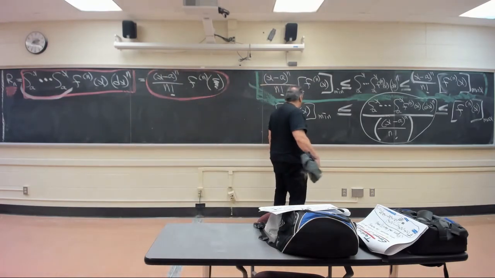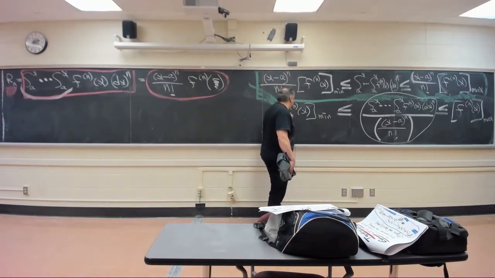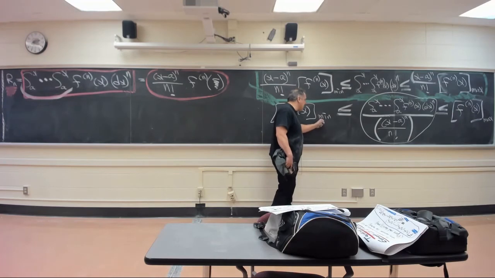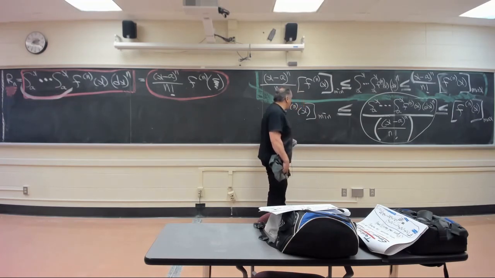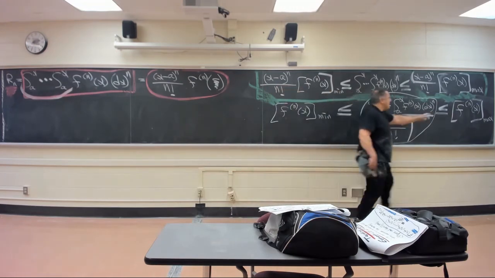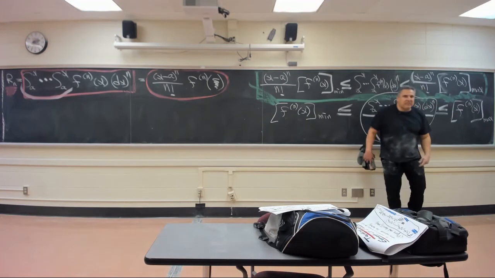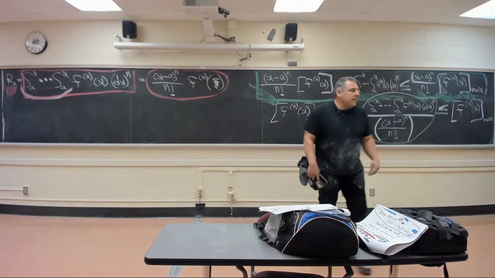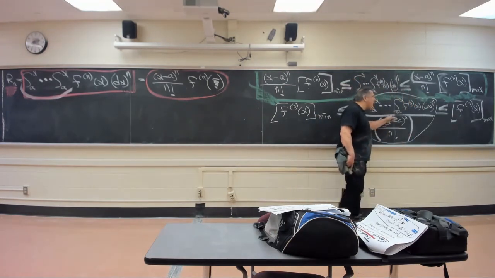Is there a number between the nth derivative of f min and the nth derivative of f max? Yeah, there's a number between it. In fact, this number is one of those numbers.